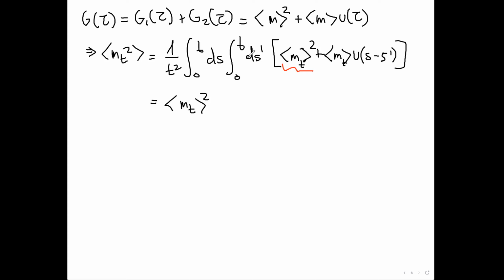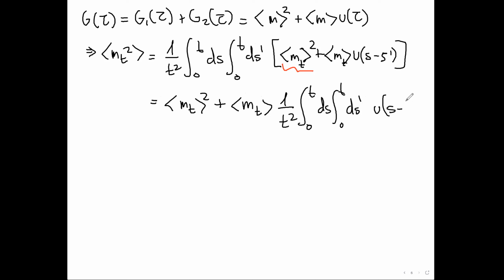So there is t times t squared, which goes with this 1 over t squared. That's why from the first term you get this. From the second term, the m goes out, and you get 1 over t squared, integral 0 to t ds, integral 0 to t ds prime, u of s minus s prime. Okay, so this is what we arrived at.